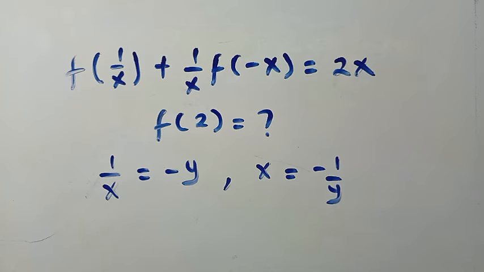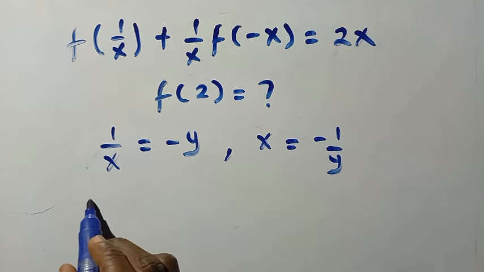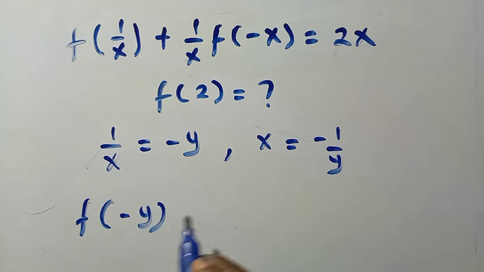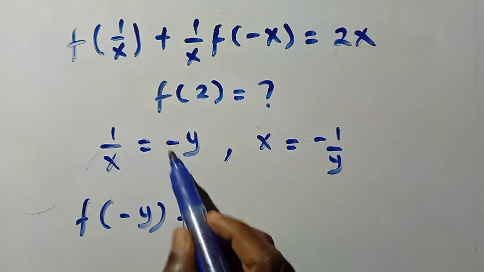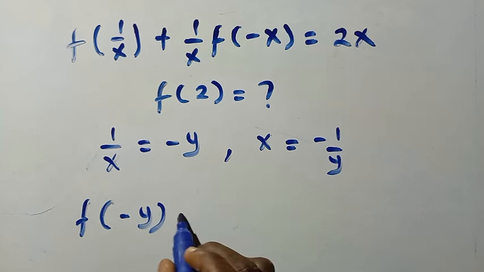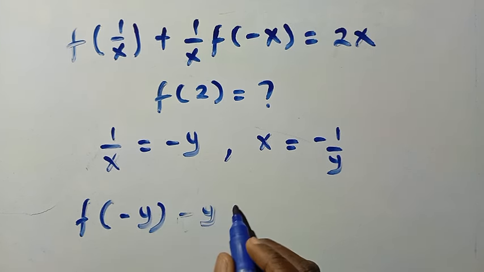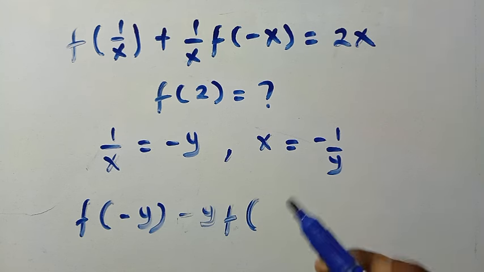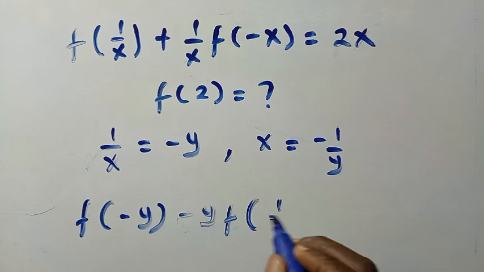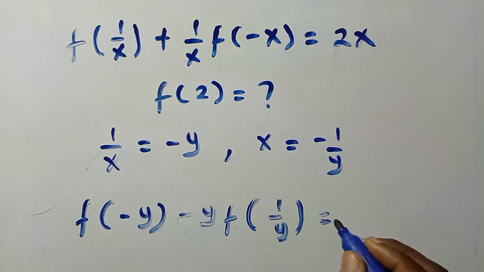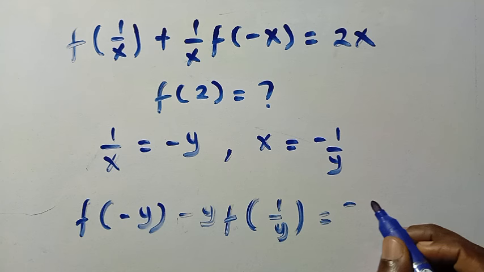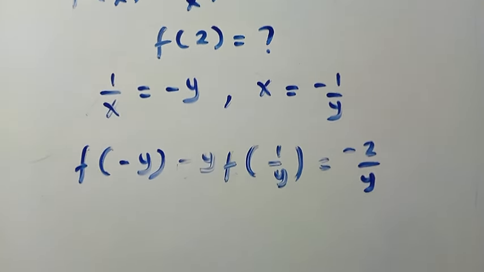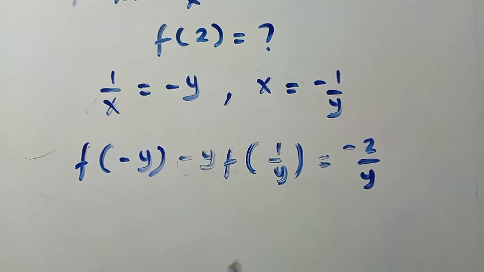Coming back here, we substitute, and we have f(-y), then plus -y times f of x, which is -1/y, but it was -x before, which means everything here becomes 1/y, equals -2/y. So having understood this, let's replace y with x.